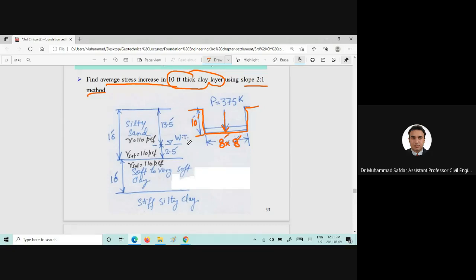Here I would say it's 3.5 feet, and 3.5 feet. And we need to find out the stress increase delta sigma for this clay layer of 10 feet.